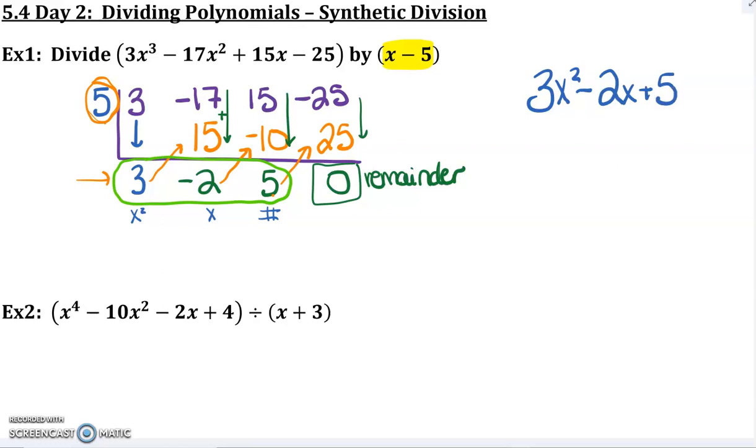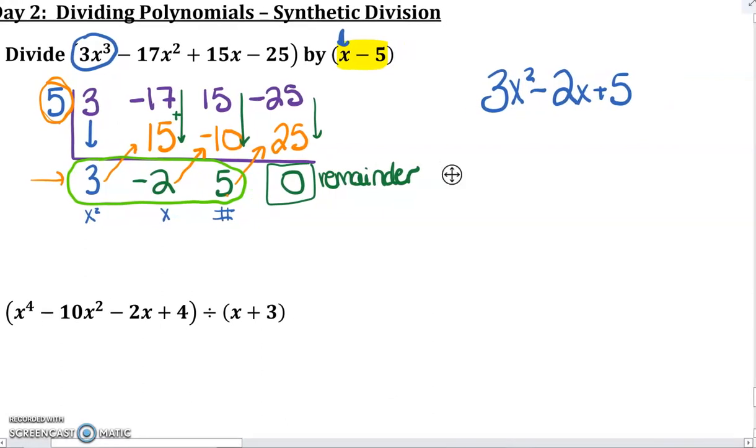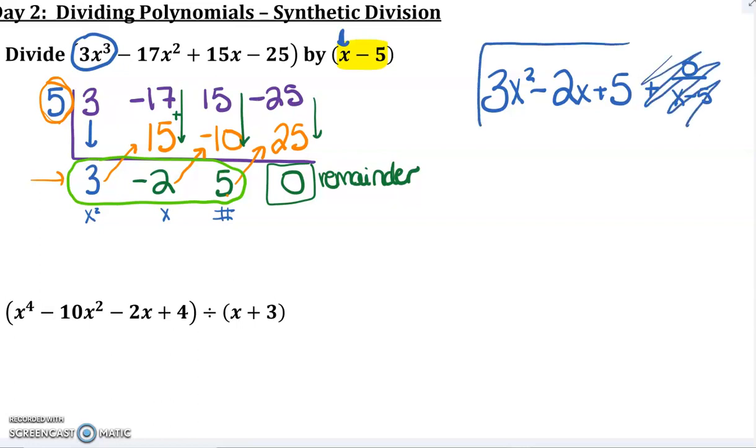The other way to remember this is we started with 3x to the third, and we just divided one of those x's out of it, so now we have x squared as our first term. If we had a remainder, we would add the remainder over what we originally divided by. But what is 0 divided by anything? 0, so we don't need to write that term on there. This is our answer.